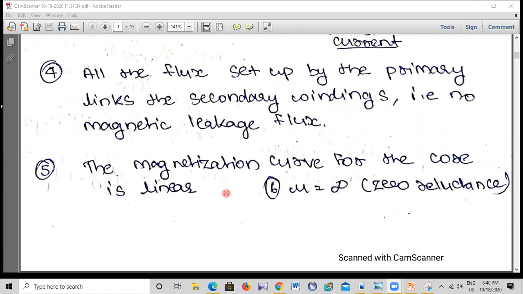So the magnetization curve will be linear in that case, and there will not be any reluctance. At that time we say mu is infinity. Mu means permeability, that is the ease with which the core allows the passage of magnetic flux. That is infinity, which means there is no reluctance.